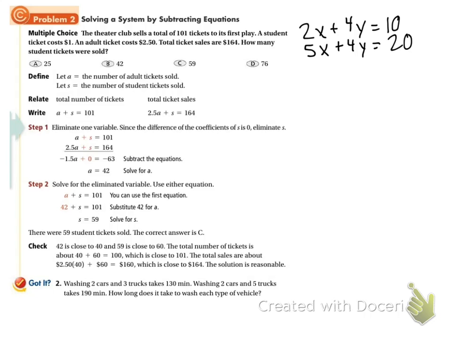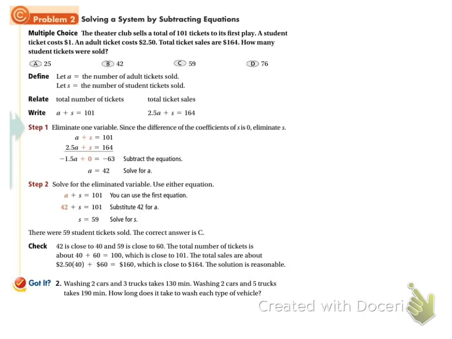So that's not really helpful. But if you look at the y's, they both have a 4, so that's pretty close. Our problem is that one of them isn't negative, right? We said we need to have a positive sign and a negative sign. But if we subtracted, that would get rid of our problem because we'd have 4y minus 4y, and that would equal 0.